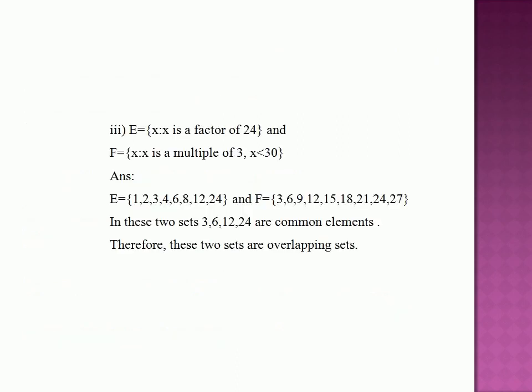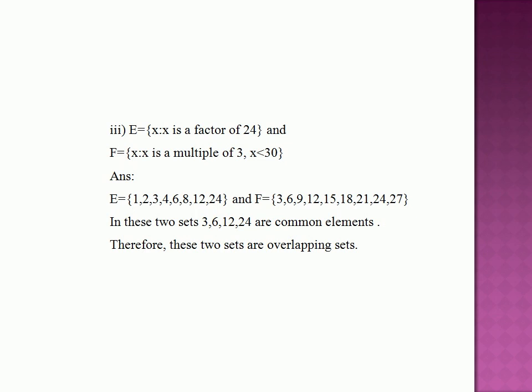Third subdivision, E equal to x such that x is a factor of 24 and F equal to x such that x is a multiple of 3, x less than 30. Here the set E, x is a factor of 24. So the factors of 24 are 1, 2, 3, 4, 6, 8, 12, 24.